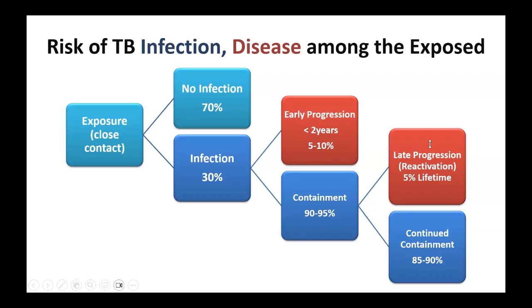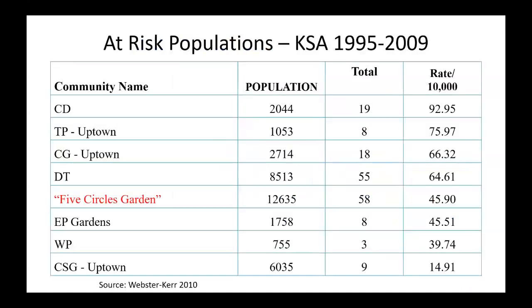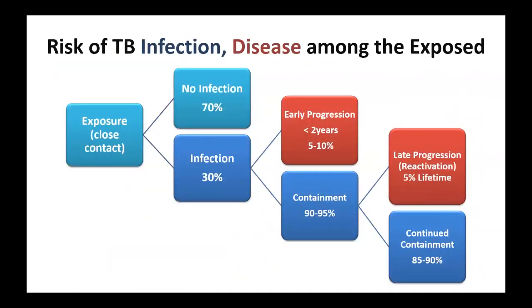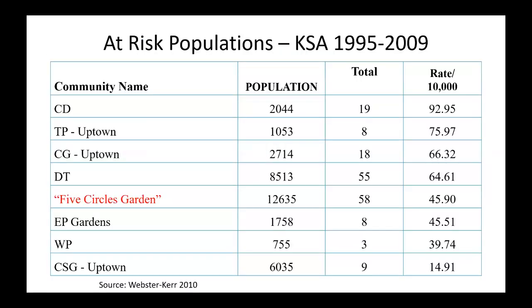And it's later progression, reactivation, and most people continue to contain. However, for persons with HIV and persons with, say, diabetes, their lifetime progression is much, much more. Like with HIV, their progression may be 5% each year. So it's a different thing.